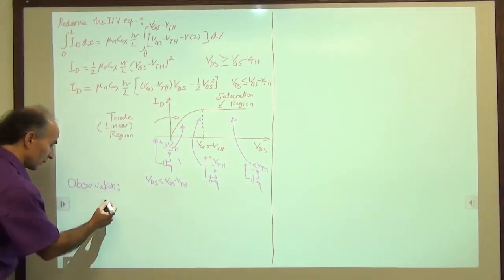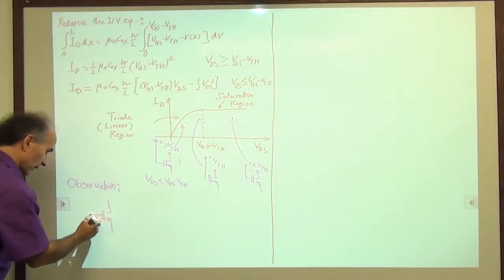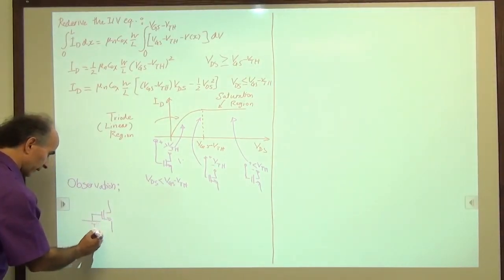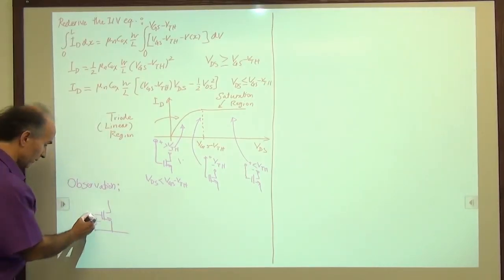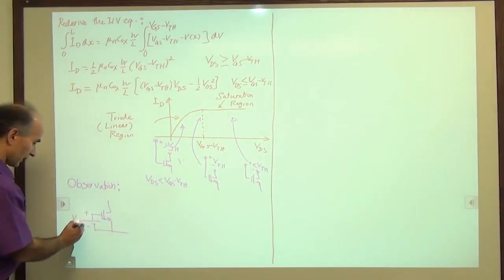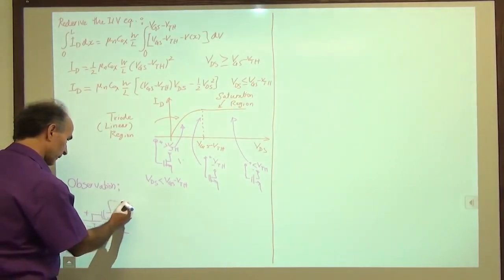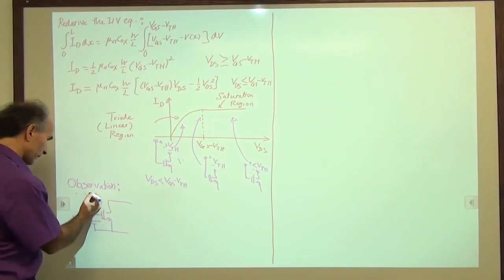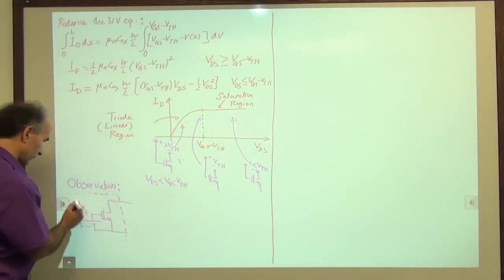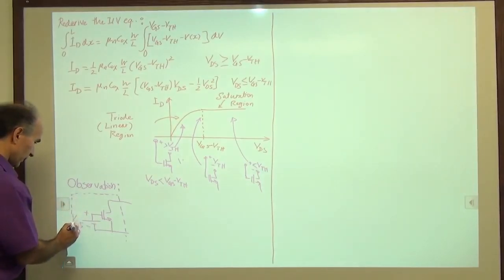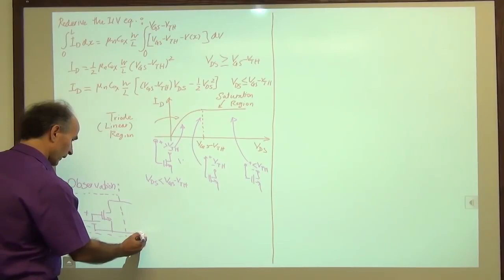So let's draw the circuit more carefully and see what we have. I have a battery connected between gate and source. So a certain amount of VGS that I need to keep the device on and everything. And I put this in a black box so that only two terminals are sticking out. Again, we are not worried about the bulk or the body or the substrate for now. So you have two wires sticking out.